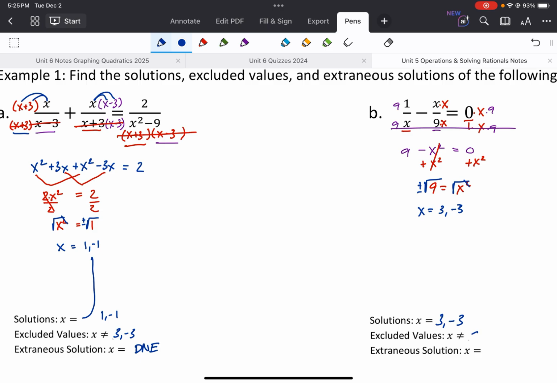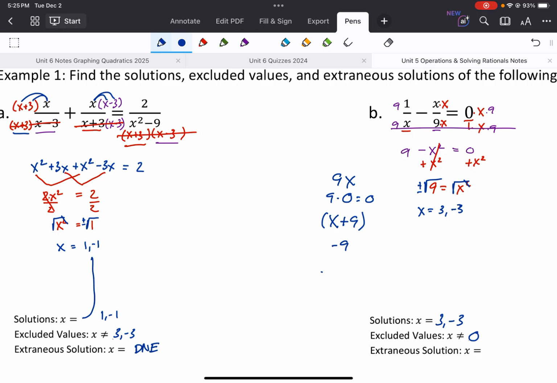Excluded values for this example is 0. So just a reminder that if you ever have an x that's not in a parenthesis with another number, like x plus 9, this would give us a solution of -9. But when we have something like 9x, what would make this 0 is x would have to be 0, right? Because 0 times 9 would give us 0.